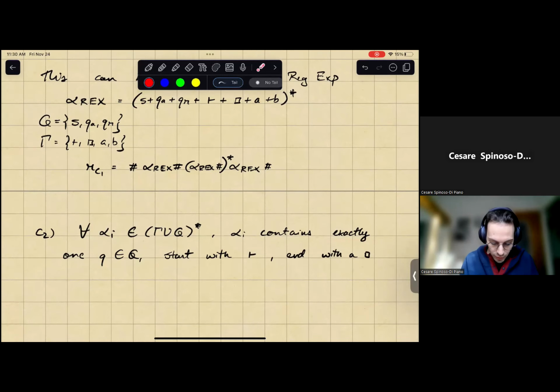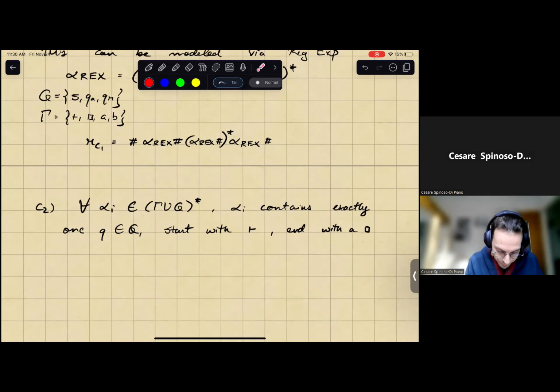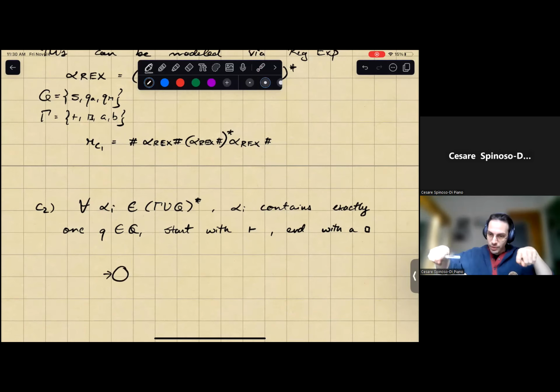And so instead, what we're going to do is present an FA for this, right? So the FA for this, well, you might have your start state. I'm writing the FA for just a single alpha_i. But you can imagine, if it's alpha_i star, you could just imagine looping back to the start state.